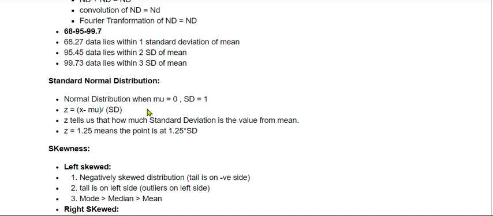The z value is x minus x mean, divided by the standard deviation.